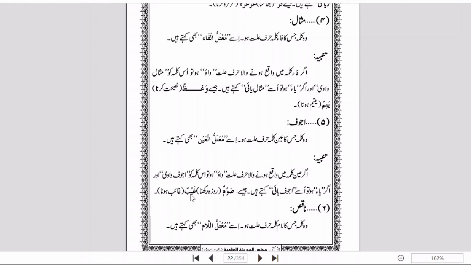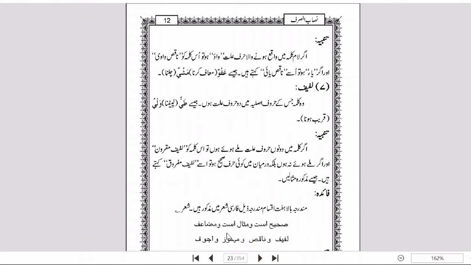The next type is known as naqis. Naqis is a word having harfi illat in the lam kalima. It is also known as mu'talul lam. So again, same principle as above.